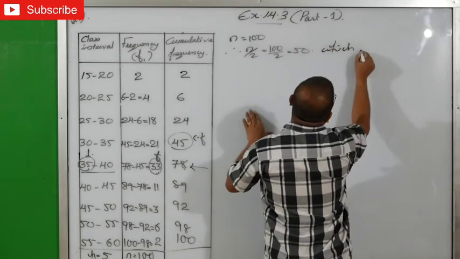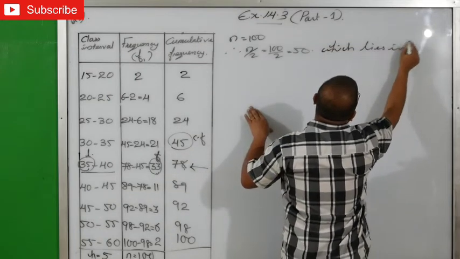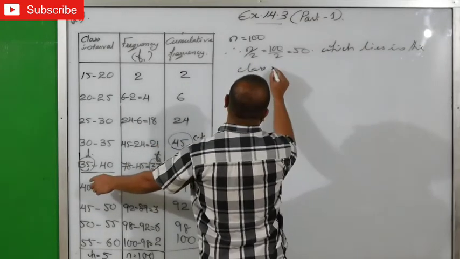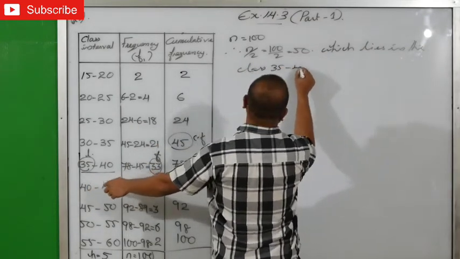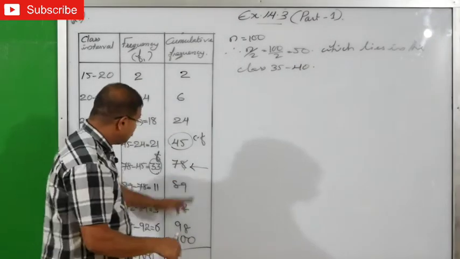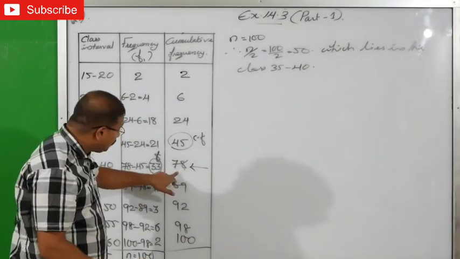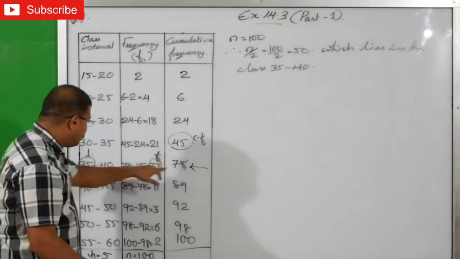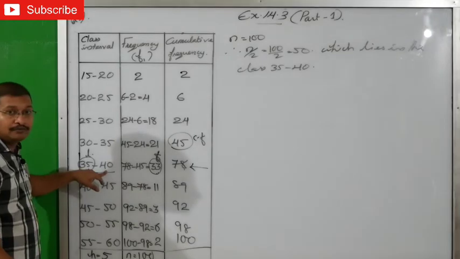That means 50 lies in which class? 35 to 40. How did you get that? From the CF, when you look, you can see from 78 we can take 50. So it goes to 35 to 40.